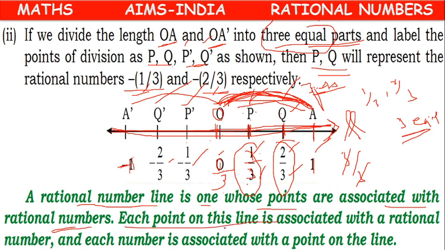Each point on this line is associated with a different rational number, and each rational number is associated with a different point. So each point has one value, and each value is represented as a point. In this way, we can represent rational numbers on a number line.